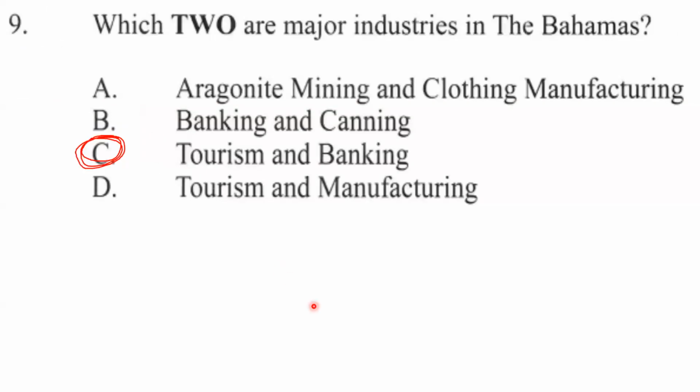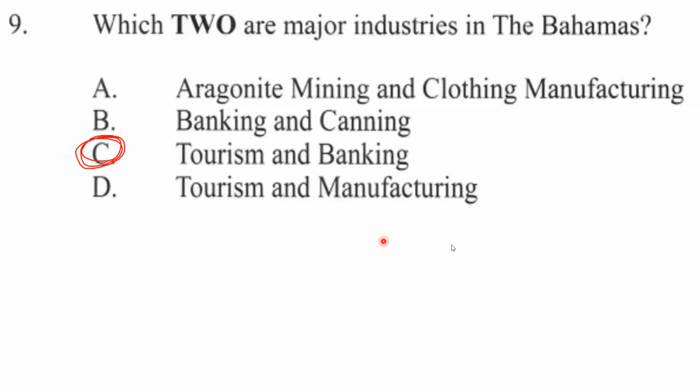Number 9. This one goes to Ramon. Can you read number 9, please? Which two are major industries in the Bahamas? A, aragonite mining and clothing manufacturing.